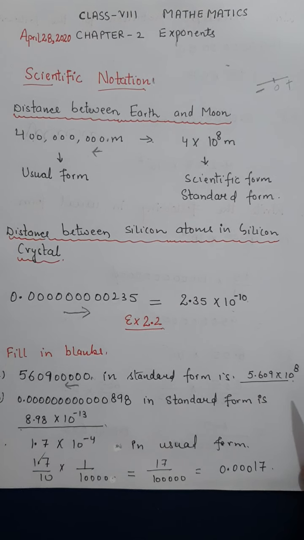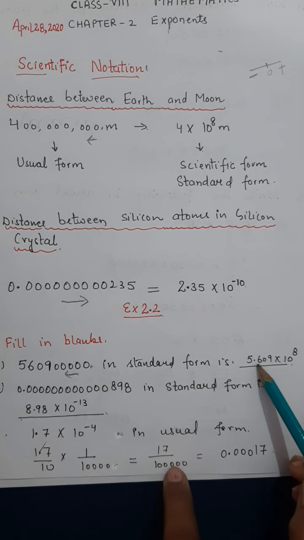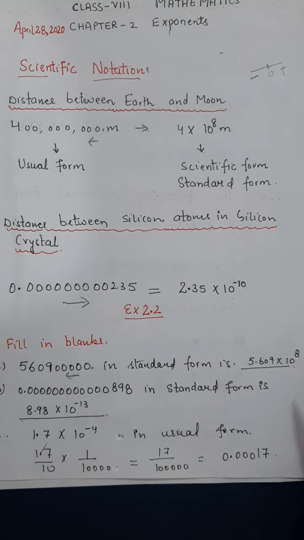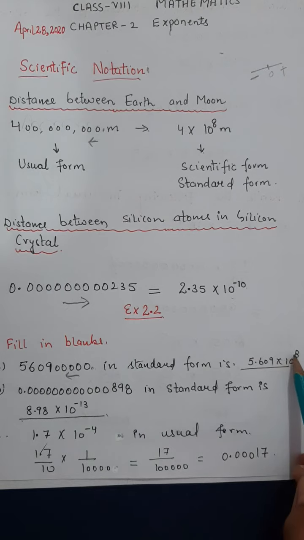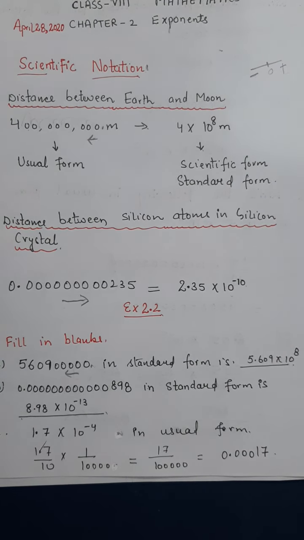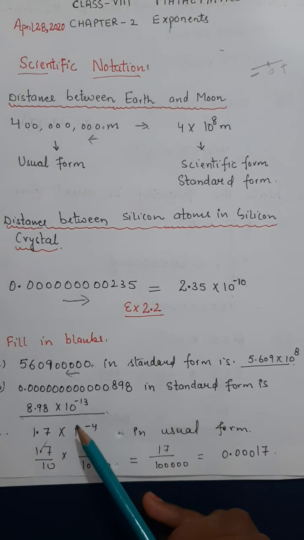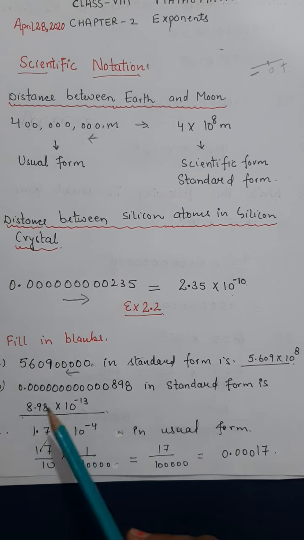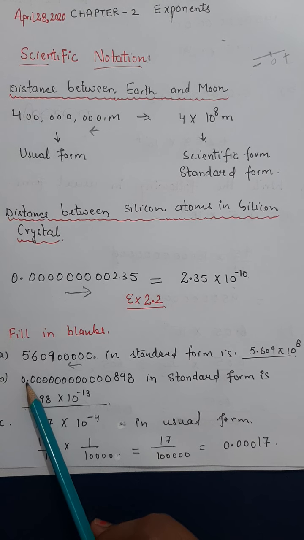So what we have to do? 5.609 into 10 raised to power 8. Okay, this will be positive 8 for the left side. Now again, in the next part, what do we need to do? We have this much big number, we need to write it in standard form. The decimal is already there this side.